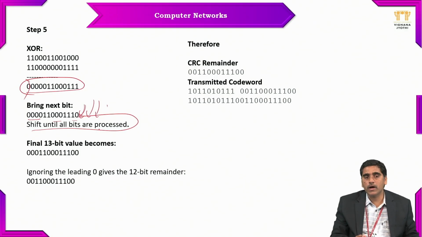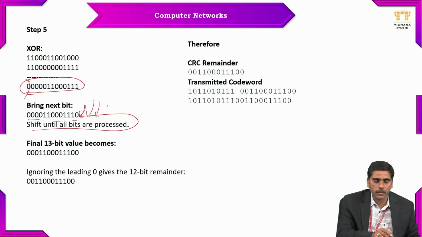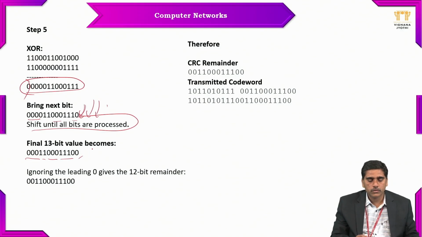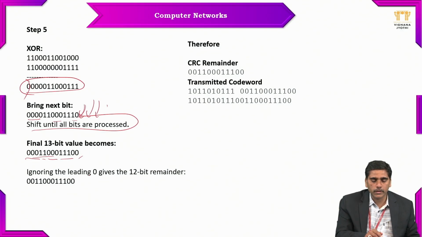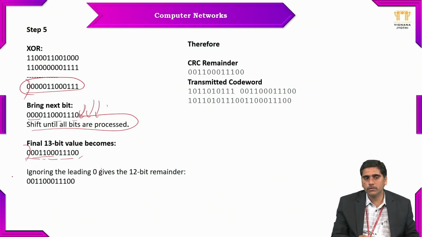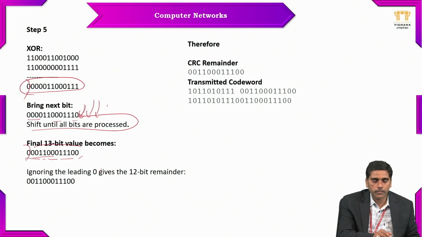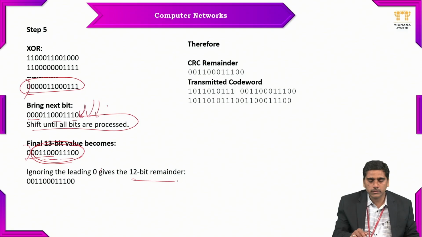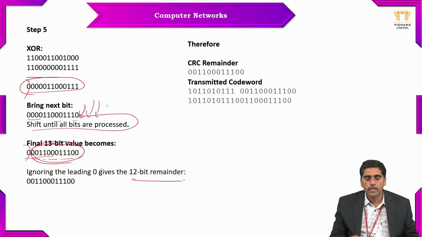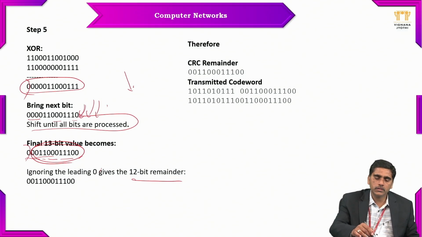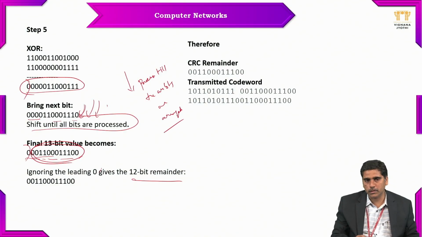The final 13-bit value becomes 0 0 0 1 1. Ignoring the leading 0, the remaining 12-bit value is the remainder. We have to process the steps until all the bits are arranged; we have to perform the entire steps.